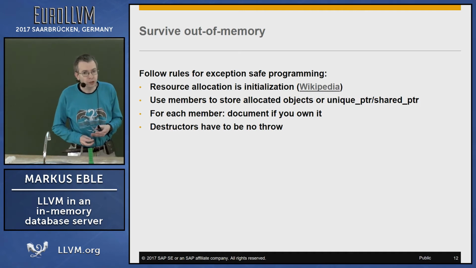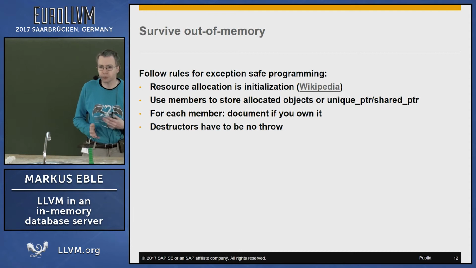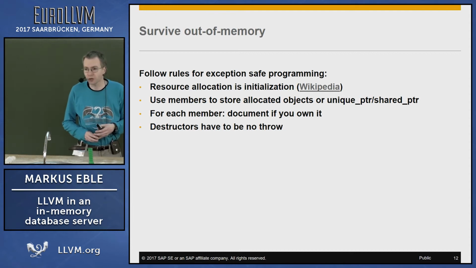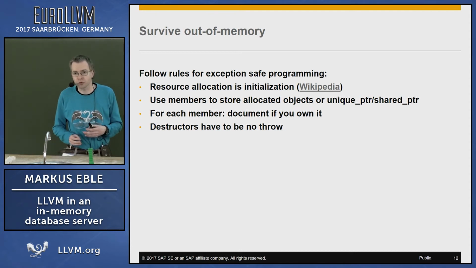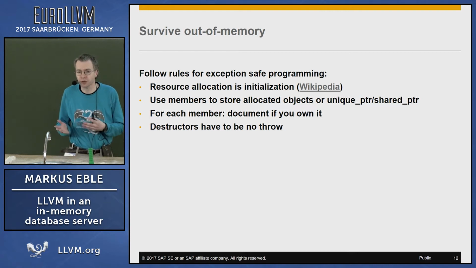And for sure, destructors are used for cleanup, for exception unwinding, so they must be no-throw. So you cannot create a free list or such things in a destructor. Sometimes such things happen, but you have to take care to only really do cleanup things in a destructor.